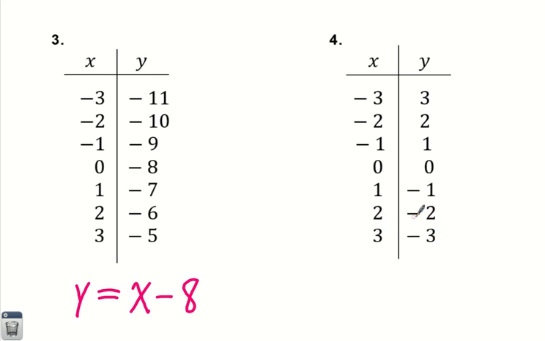I'll look at this one and say, okay, if I subtract 4, I get -2. So is it x minus 4? No, because if you subtract 4 from this one, you don't get that. And if you subtract 4 from this one, you don't get that. So if you looked at this one only, you might think the pattern is x minus 4.